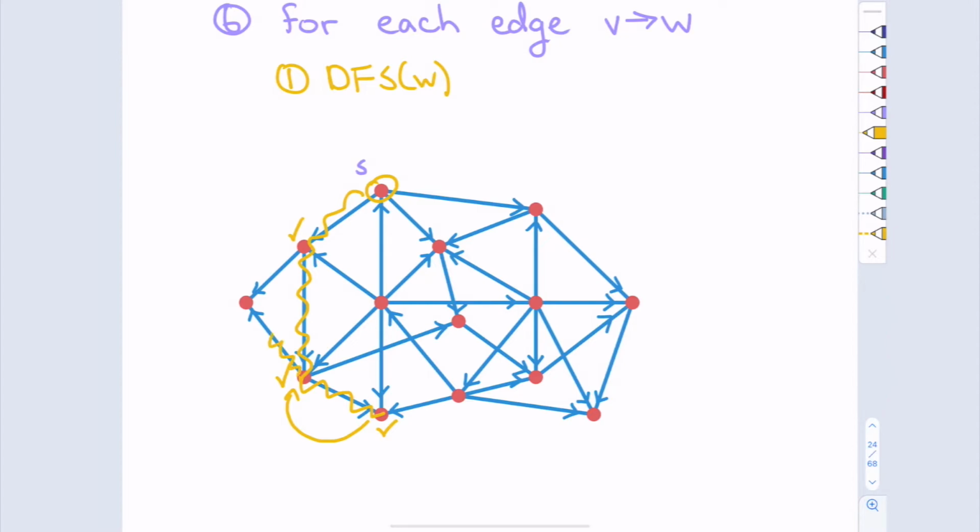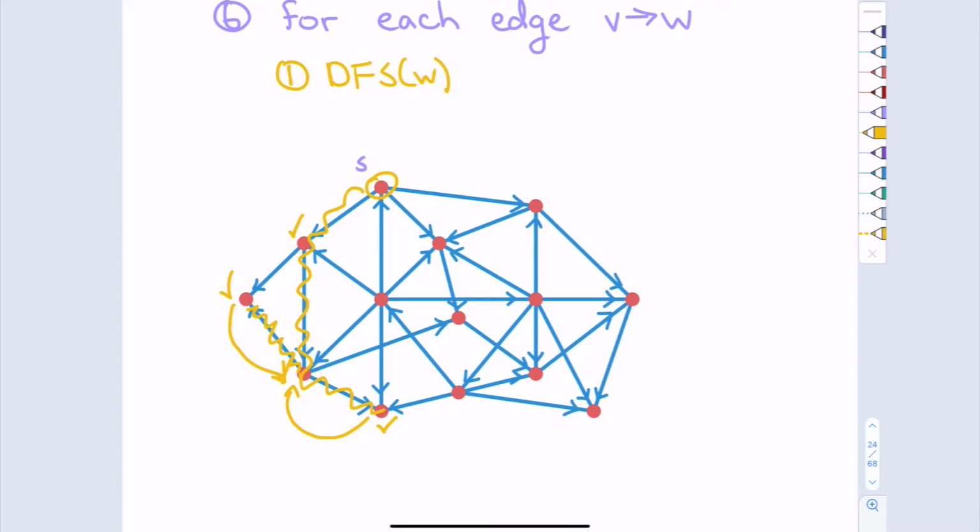It'll keep searching. Mark this vertex because I visited it. There's no more outgoing edges, so I'll backtrack. Then maybe I'll explore this. Maybe I'll explore this. Maybe I would explore this. Gradually making progress.